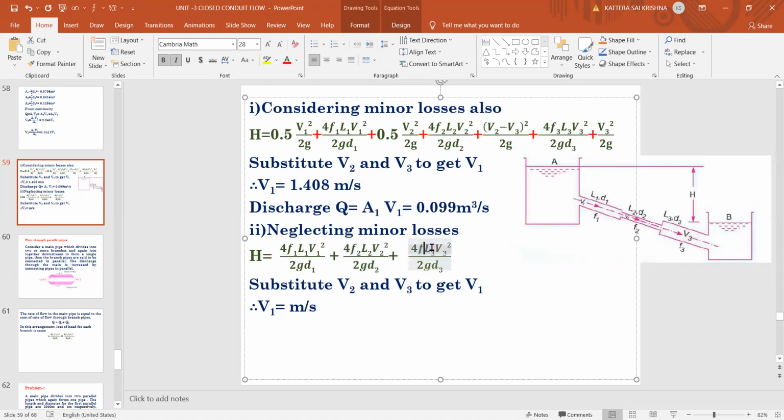So we'll get again V1. So can anyone tell what is V1? Already we have solved all the terms separately. Just you can take that here. So V1 equal to, after V1, again you can find discharge for this.